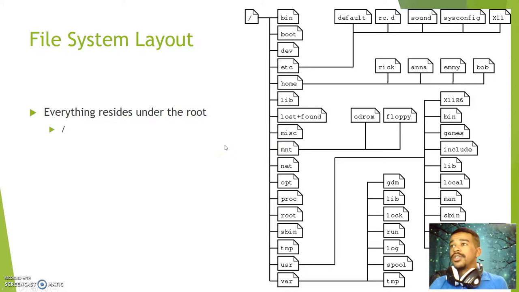There are also a number of other subdirectories which may seem a little foreign to us, such as the mount directory, which is Linux's way of storing input-output devices on the file system. And then we can come down here and we can see the user file, which will have some user information and variables, and there are a number of other directories.